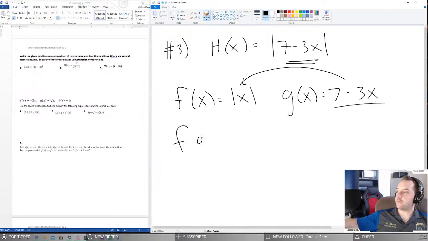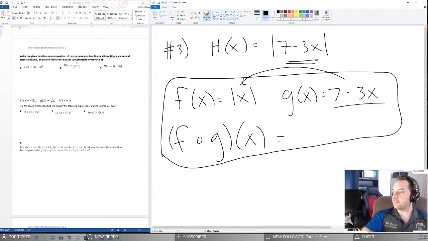So then it's f of g. And that's a way that we can write the composition there. Comments or questions on that one? Okay.